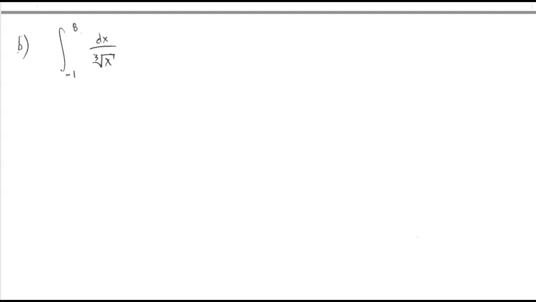Okay, so for this example, we know that we could rewrite this here as the integral from -1 to 8 of x raised to the -1/3 dx. And notice here that because if we look at this denominator here, if I plug in 0 in for x, that would make me end up dividing something by 0.